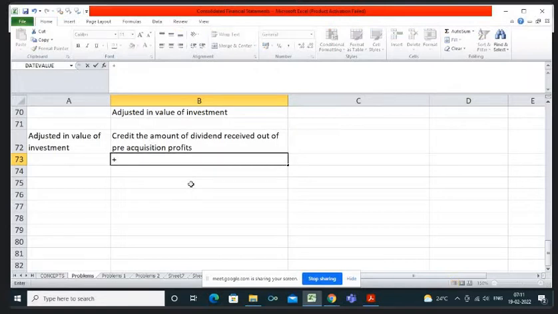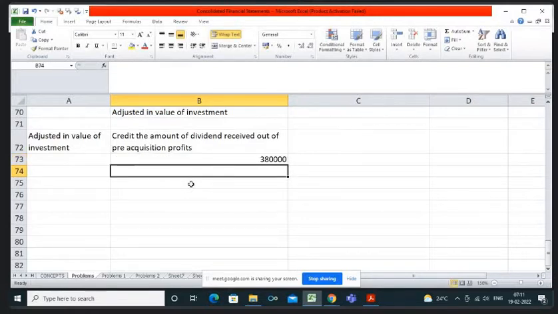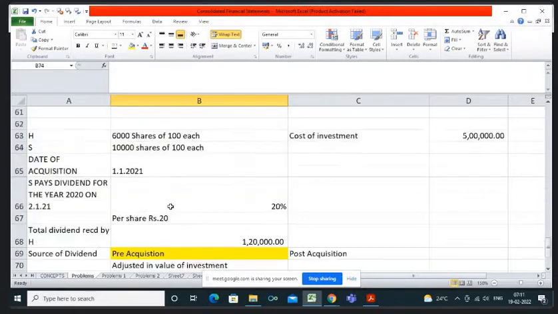So the investment balance is 5 lakhs. It will be a debit balance. If we credit 1,20,000, what will be the answer? This will be the adjusted value of investment. So this is how we answer the question.